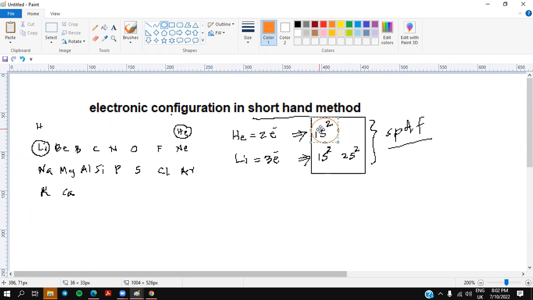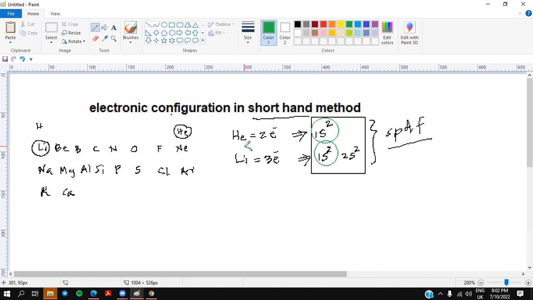Helium electronic configuration is 1s2. If you go to lithium, here, lithium configuration 1s2, 2s1, it also has part of its electronic configuration similar to helium. You get it? Before lithium in the periodic table, we have helium. Helium configuration is 1s2.